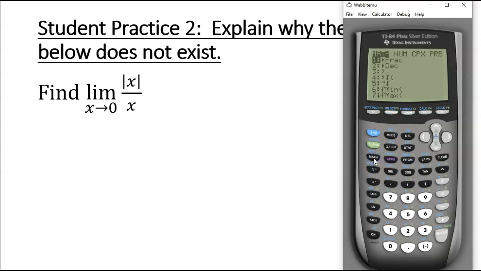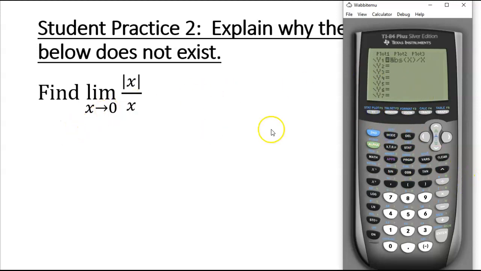So you're going to push math, then you're going to scroll over to where it says NUM, and then you're going to click number 1 for ABS. And then after that you're going to put X, and then divided by, and then on the bottom we just have X. Okay, so that's how you'll put it in your calculator. But once again, that's math over to NUM and then 1.